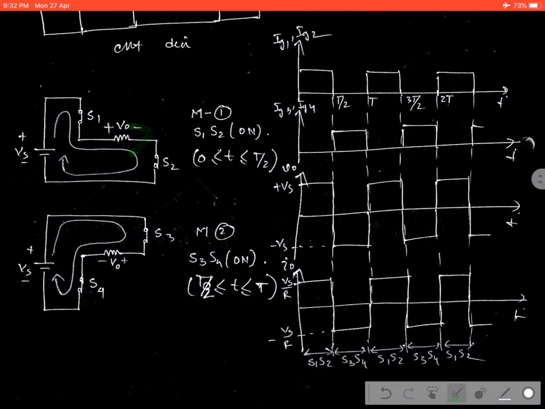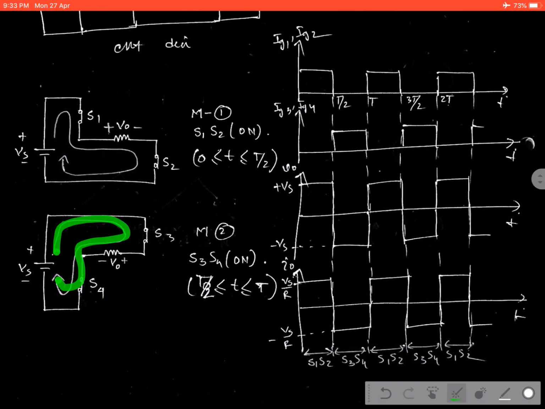Okay, and the voltage appears across the load with this polarity. Suppose we assume the positive polarity, and the current direction is from the left hand side to the right hand side, a positive current. That is the voltage when S1, S2 start conducting. When S3 and S4 start conducting, the current flows in this direction.